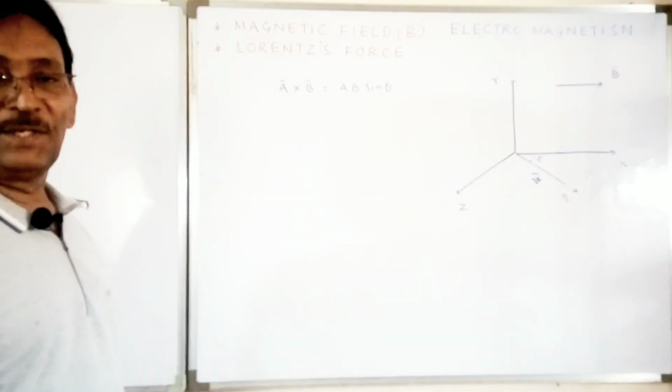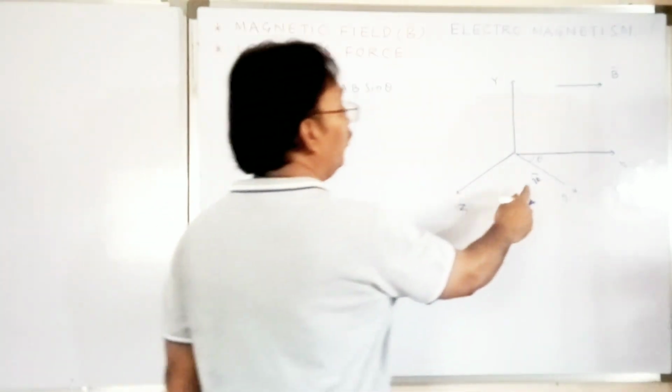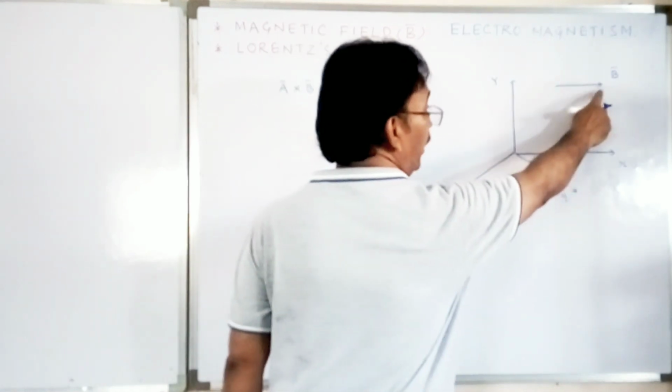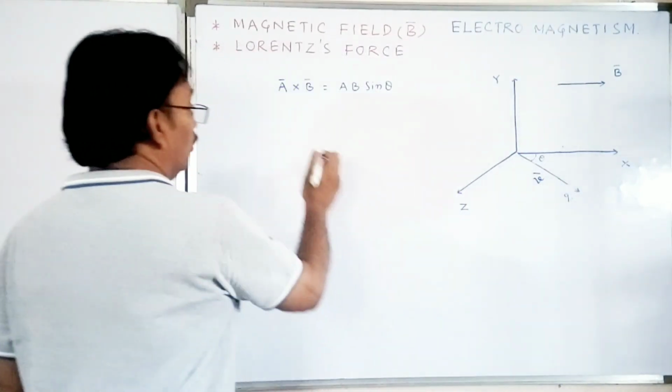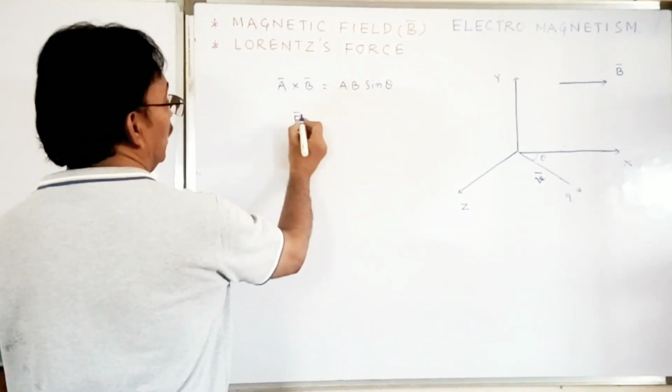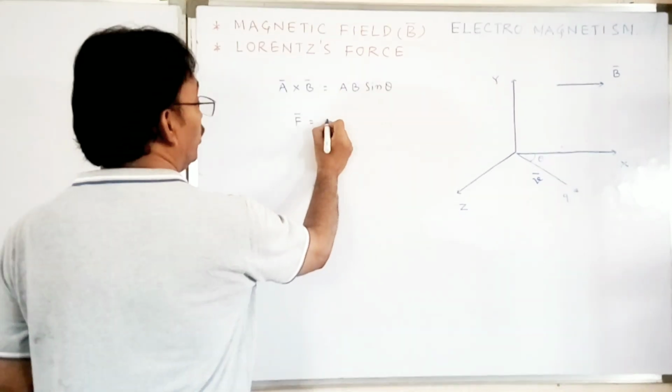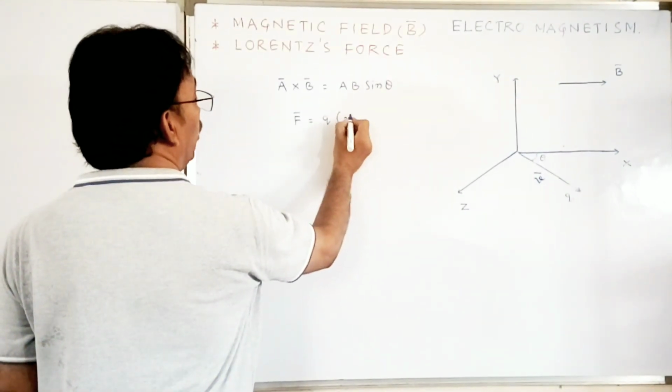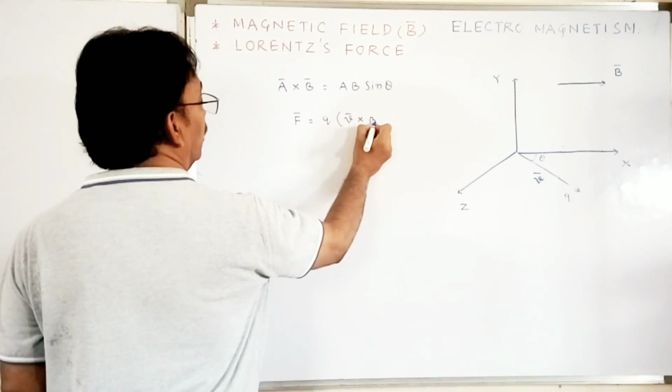The Lorentz force can be written as F bar equals Q of v bar cross b bar.